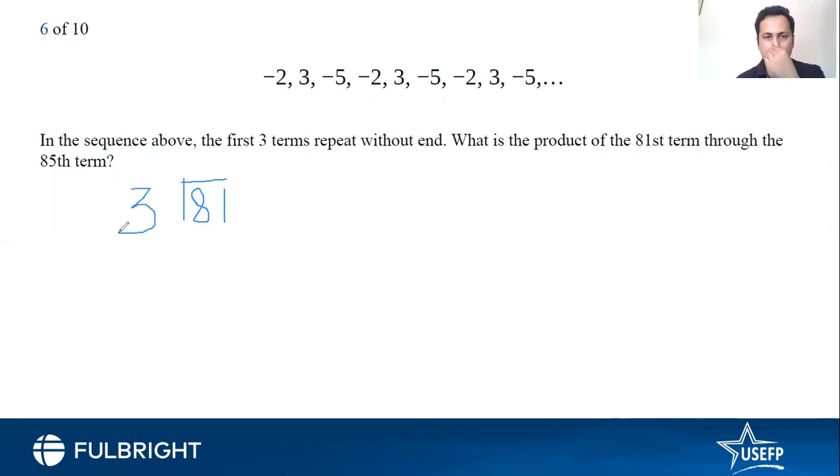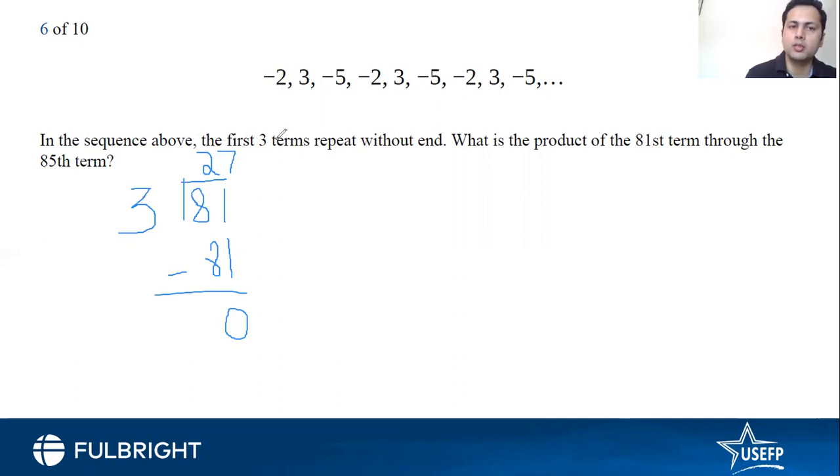There are three terms that keep on repeating. So if we divide it, we get a quotient of 27 and a remainder of 0.